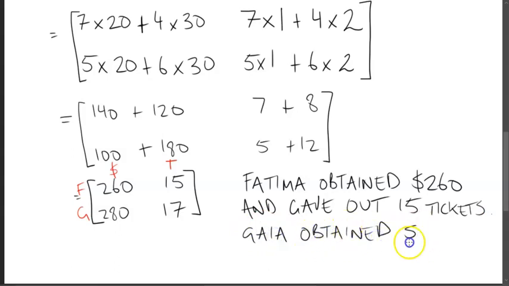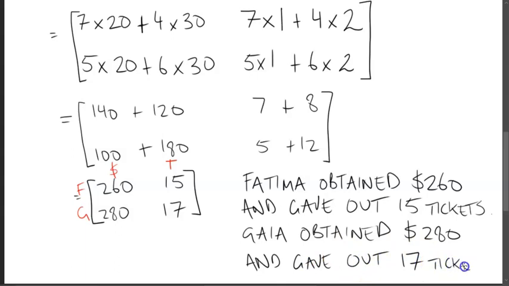You can use other words than obtain, I'm just using obtained because it's easy for me. You can say a guy obtained, got, earned. It really depends on the context, but obtained is fine with me. This is the interpretation based on the results.